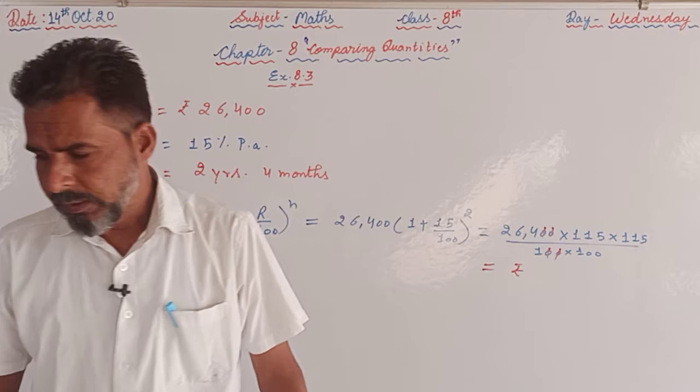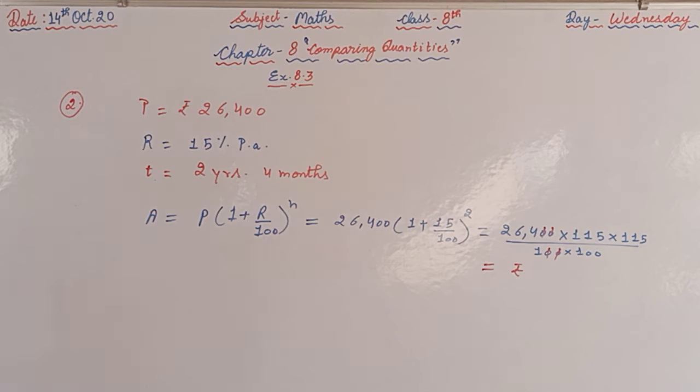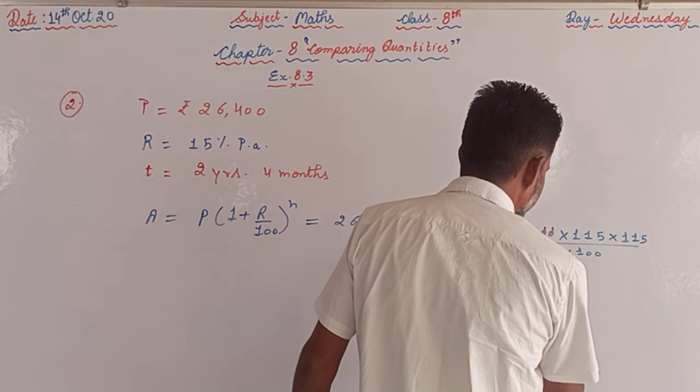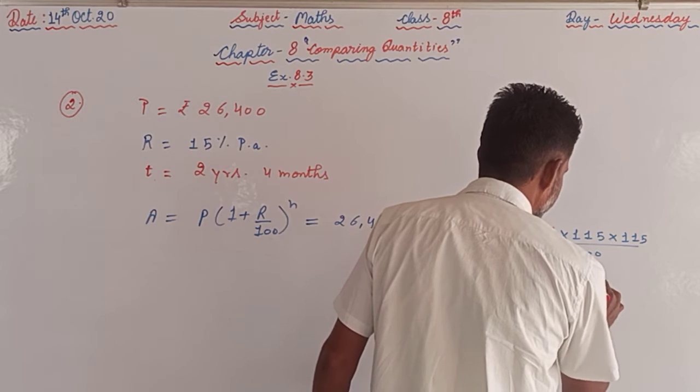Now what will be the amount at the end of 2 years? If you calculate, that will be 34,914.